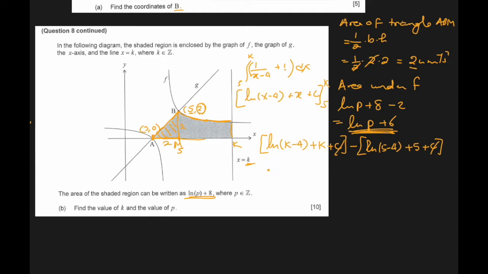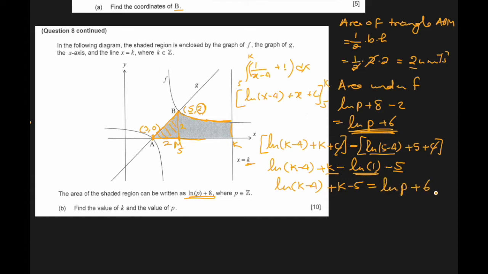Let's see what is left. ln of k minus 4, plus k, minus ln 1, since 5 minus 4 is 1, and minus 5 also, because the negative makes this plus 5 negative 5. So it becomes ln of k minus 4 plus k minus 5, and ln 1 is always 0, so there is no need to write it, which is equal to ln p plus 6.